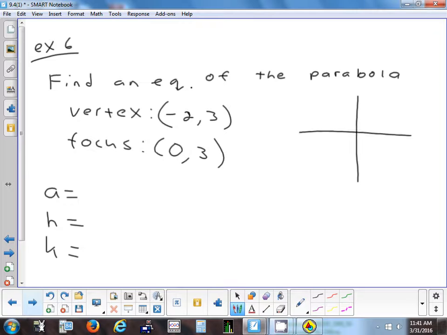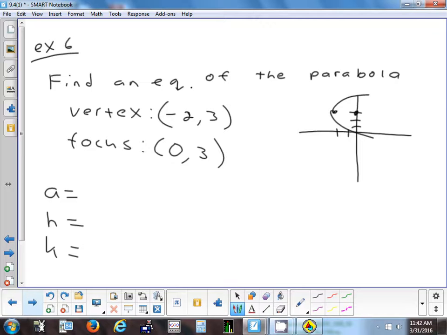Where's my focus? 0, 3. Where's my vertex? -2, 3. Which way does this parabola have to open? Right. It's got to open to the right. It has to wrap around the focus.